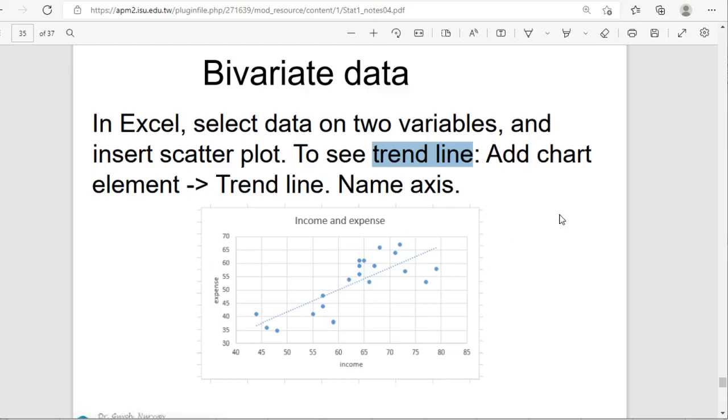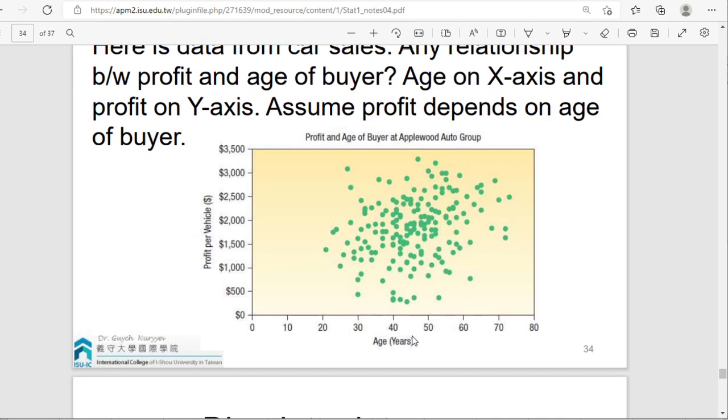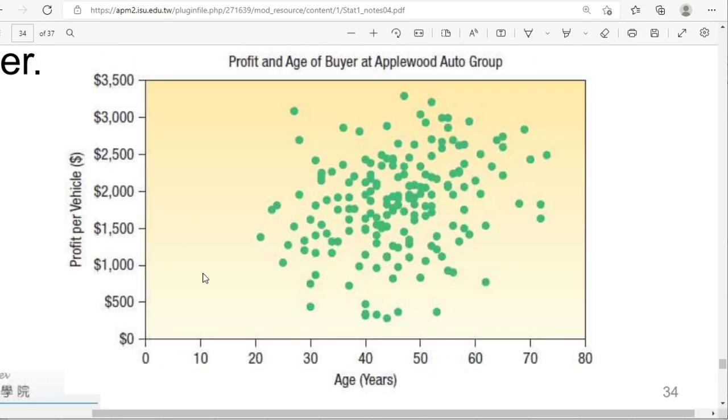For the case of no relationship between the data, as in this example between age and profits per vehicle, Excel might actually give us a trend line that is maybe a little bit positively sloped, going from, let's say, 1,500 on the left up to, say, somewhere around 2,000 on the right.